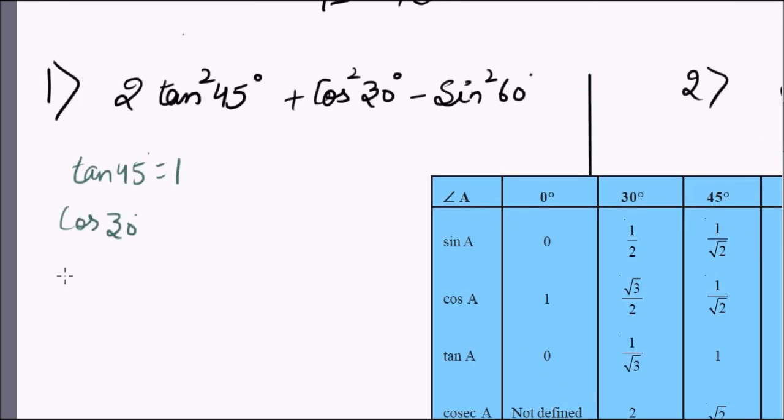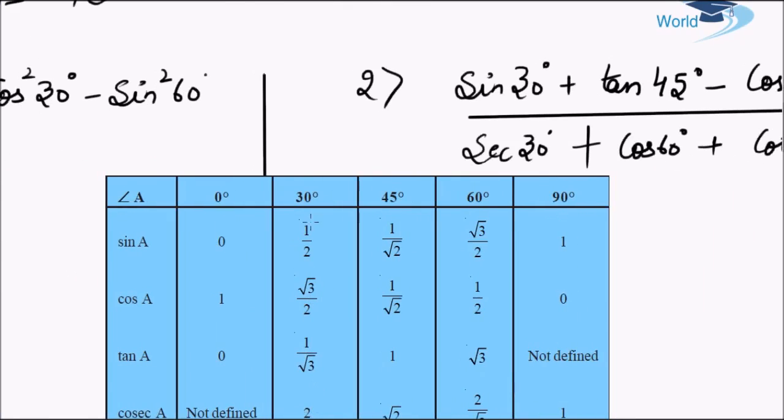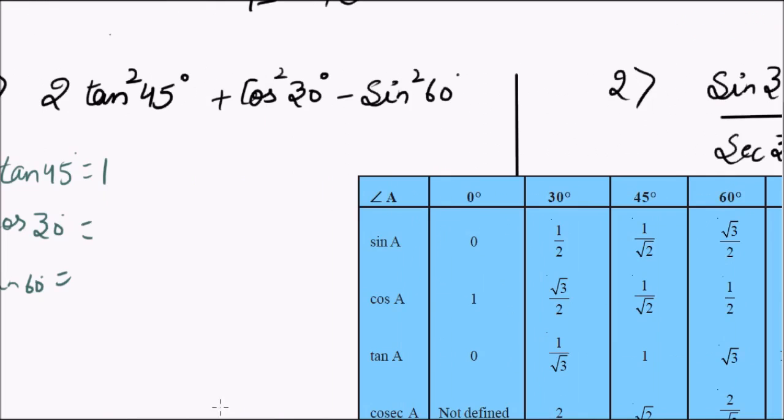Cos 30 degree and sin 60 degree are two more values to find. Now cos 30 degree is root 3 by 2 and sin 60 degree is again root 3 by 2.